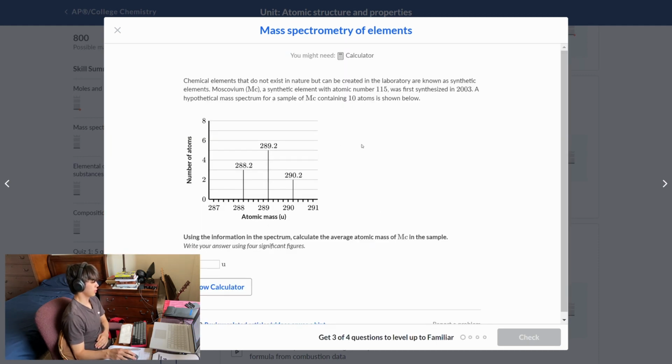Chemical elements that do not exist in nature but that can be created in a laboratory are known as synthetic elements. Moscovium is a synthetic element with atomic number 115, first synthesized in 2003. A hypothetical mass spectrum for a sample of moscovium containing 10 atoms is shown below.